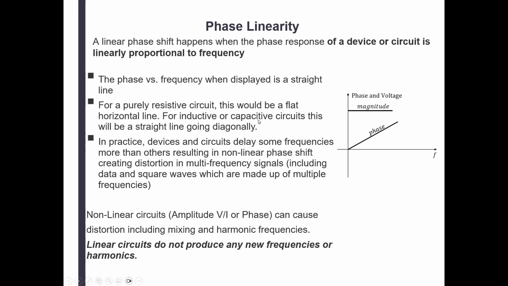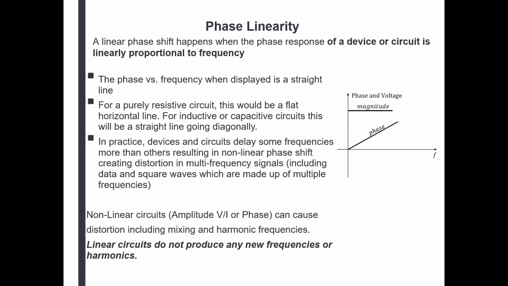For inductive or capacitive circuits, well, things are going to react. Inductive and capacitive components are called reactive components because they react to the frequency changes. The impedance changes. They have reactance. A reactance is a resistance, but it depends on the frequency that is applied to that part.